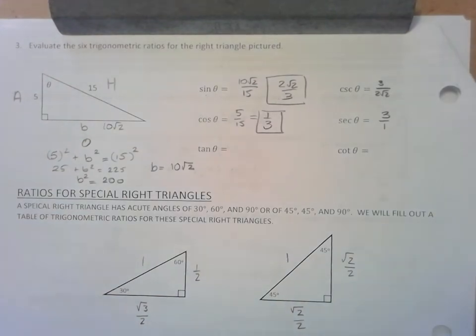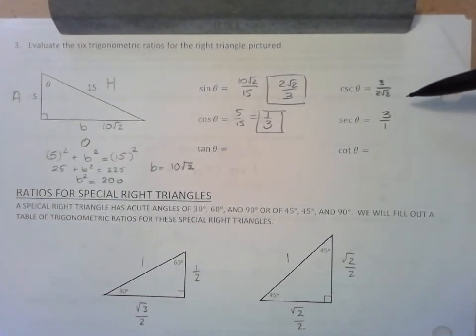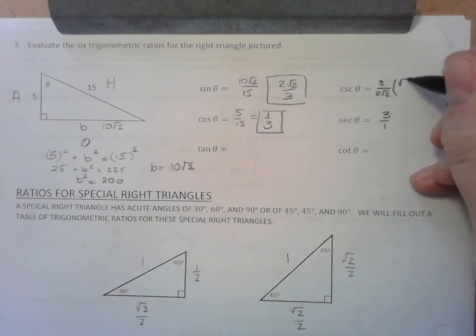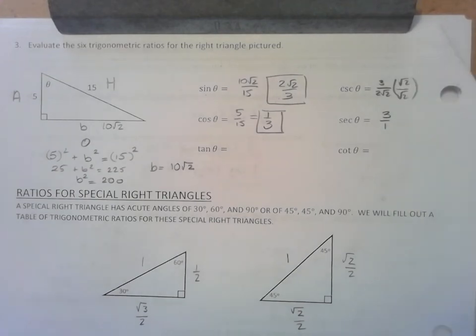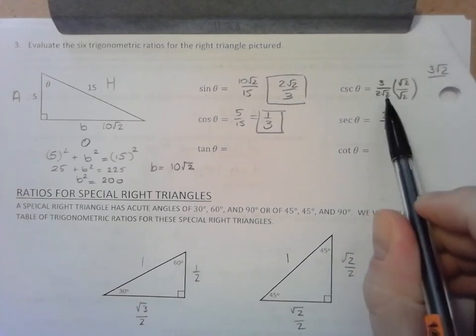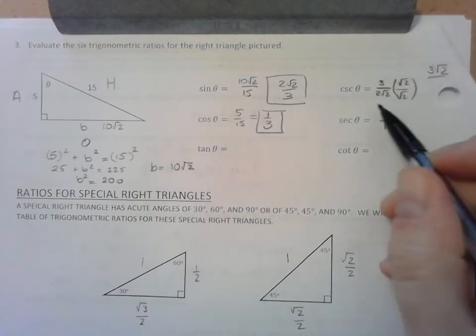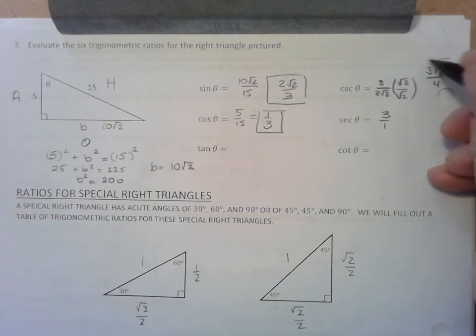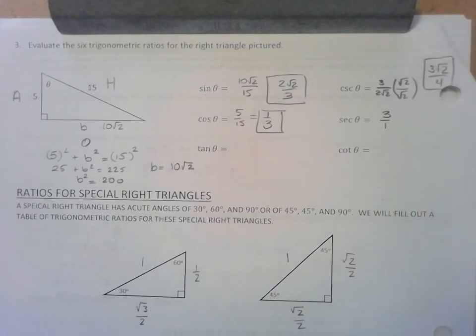What's the problem with this answer? Well, our denominator isn't rationalized. Let's rationalize the denominator by multiplying by the square root of 2 over square root of 2. Simplify, we get 3 root 2 divided by 2 times square root of 2 squared, or 2 times 2 is 4. This is our cosecant for that angle, 3 root 2 over 4.